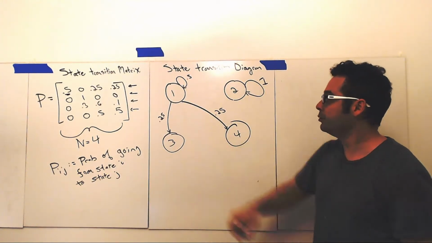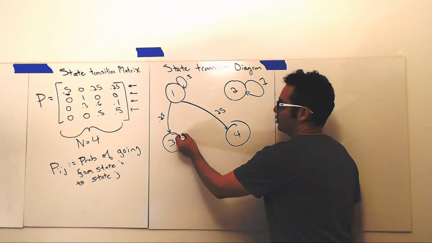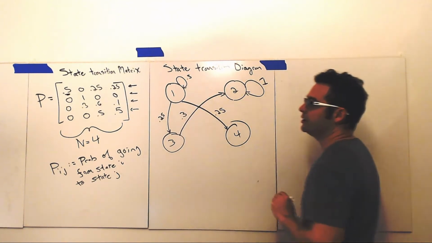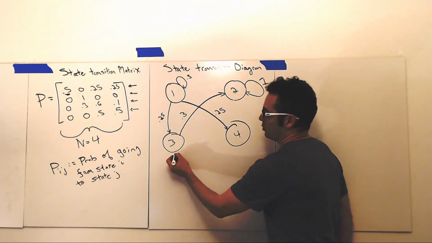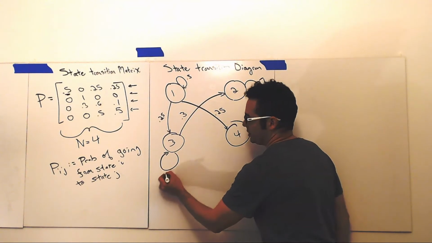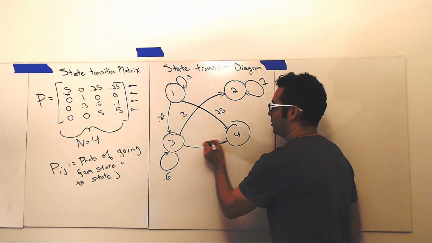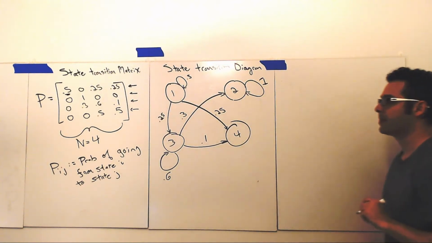For state 3, we see that with probability 0.3, we go to state 2. With probability 0.6, we stay in state 3. And with probability 0.1, we go to state 4.